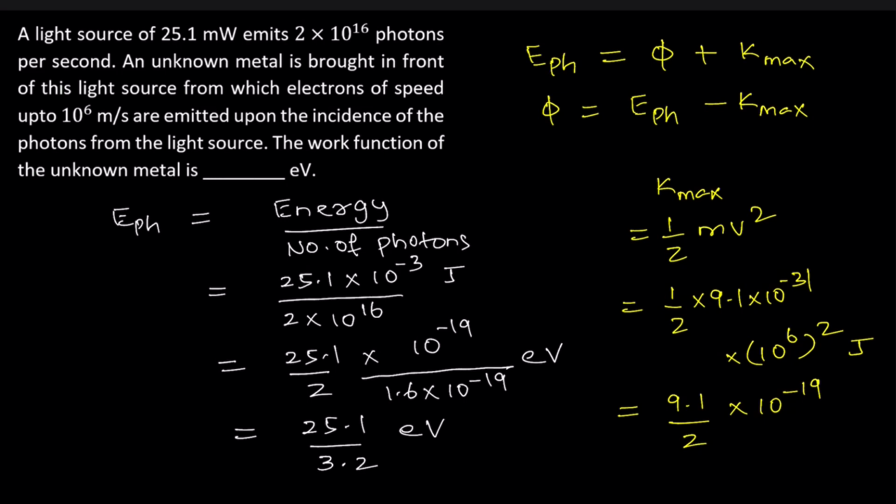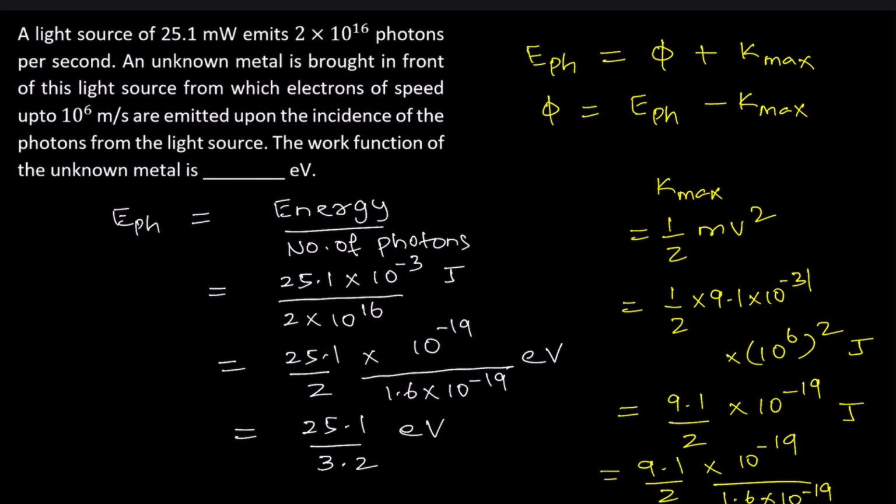Okay, so this is in joules. So let's divide this by the magnitude of the charge of an electron. So 9.1 by 2 into 10 to the power minus 19 divided by 1.6 into 10 to the power minus 19. So we can ignore the powers of 10.